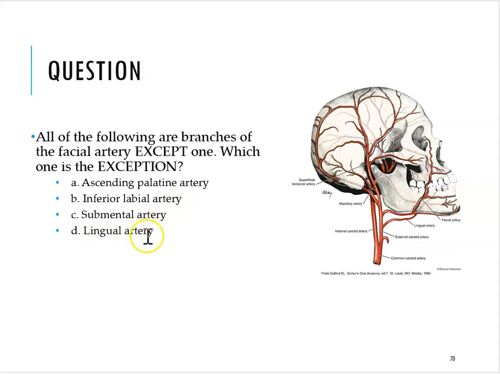If you said lingual, you would be correct, because the lingual artery is a completely separate artery. So the facial artery is a different artery, and the lingual artery is a different one. So the ascending palatine artery, inferior labial artery, and submental artery are all branches of the facial artery, but the lingual artery is not a branch of the facial artery. It's its own branch. So therefore the answer is lingual artery.